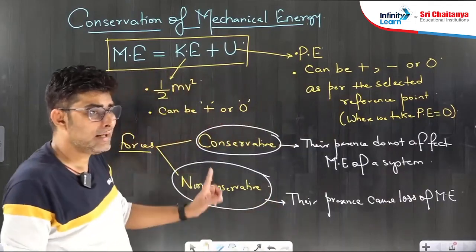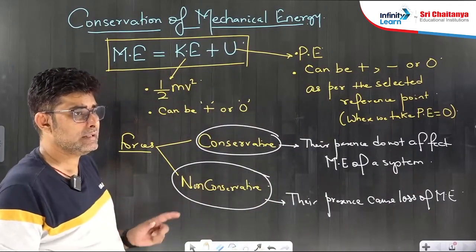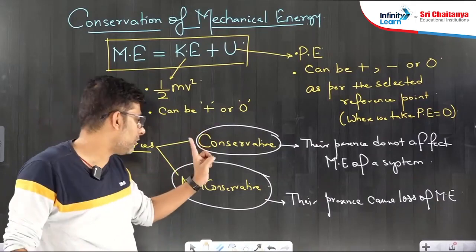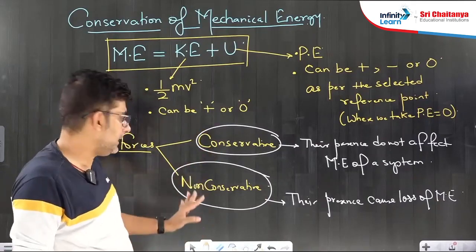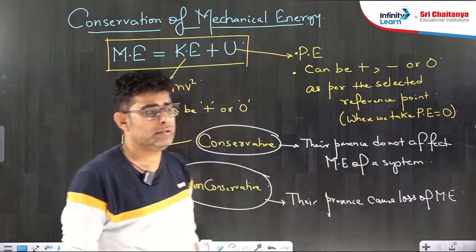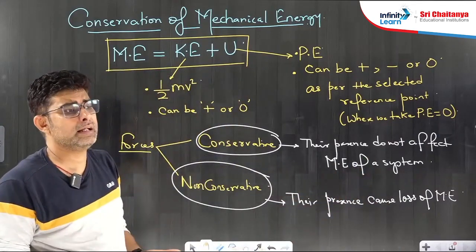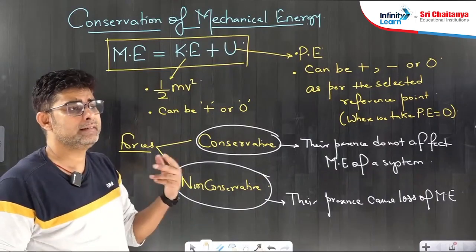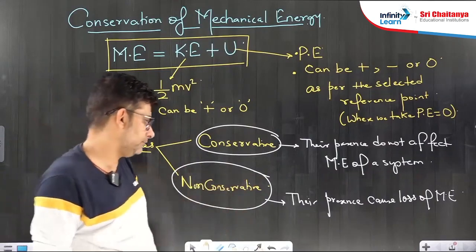Mechanical energy remains unaffected by the presence of conservative forces, whereas if you have non-conservative forces, their presence cause loss of energy, and this loss of mechanical energy, where does it go? It gets dissipated in form of heat.